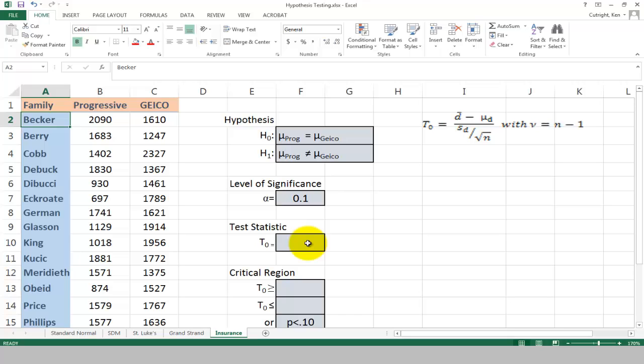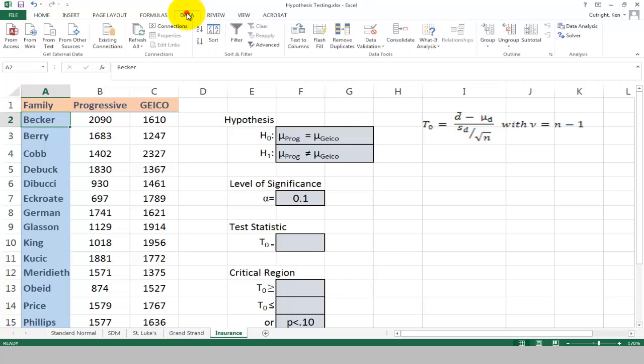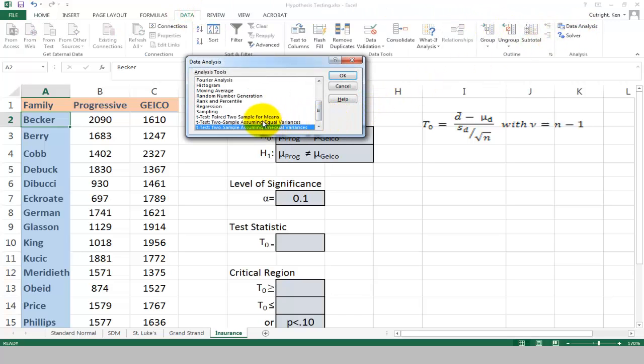The data is paired. This is the t-value. And if you'll notice, this is a different t-value than we did in the last one. It's a different test. It's still t, but it's a different t. It's calculated differently. We don't have to worry about that because I'm going to go back to data analysis. This time I'm going to pick the t-test for paired data.